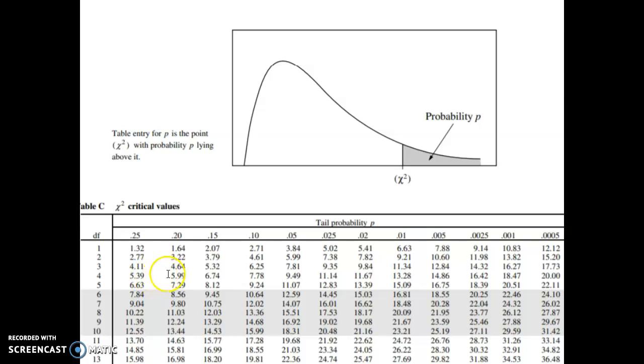We would go through this row and try to figure out where in this row our test statistic fell. And so the best we can do is typically say that it falls between 2 values, which is why technology is going to be a huge help.